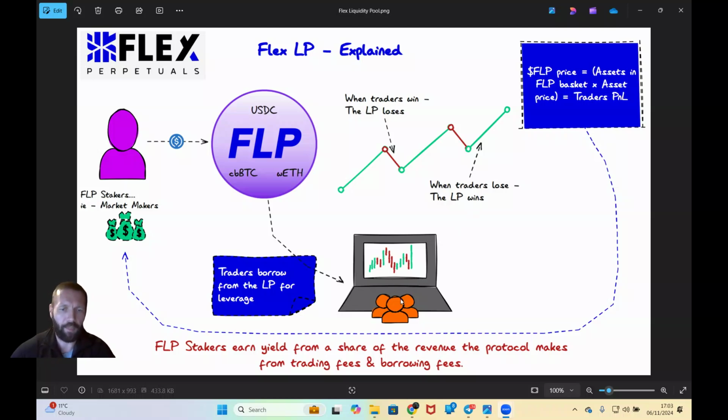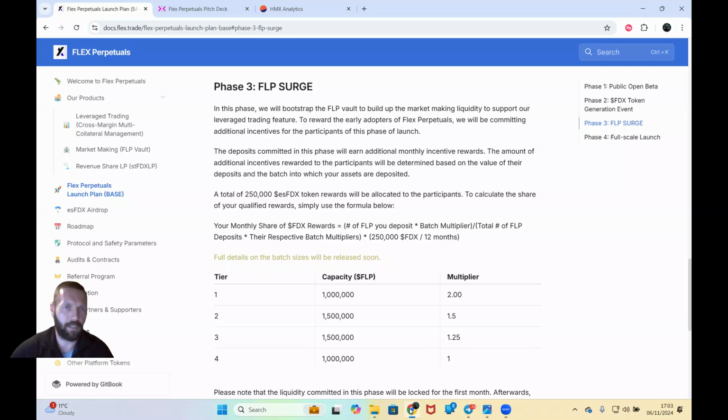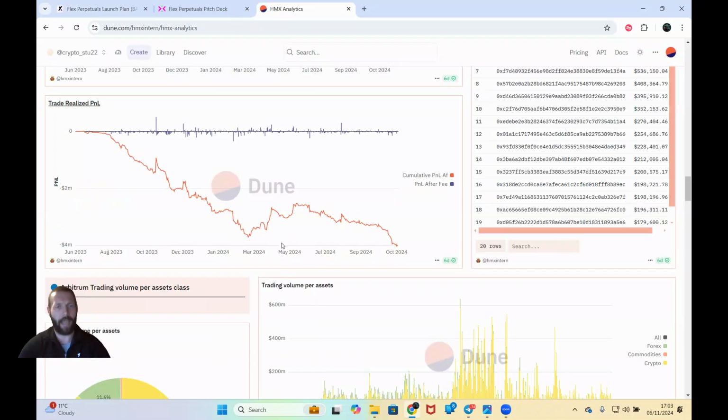Now, what I think is important to understand is that historically, traders tend to not beat the market. We often hear figures like 95% of traders lose, and the statistics, certainly from other perp DEXes in the space, support that.